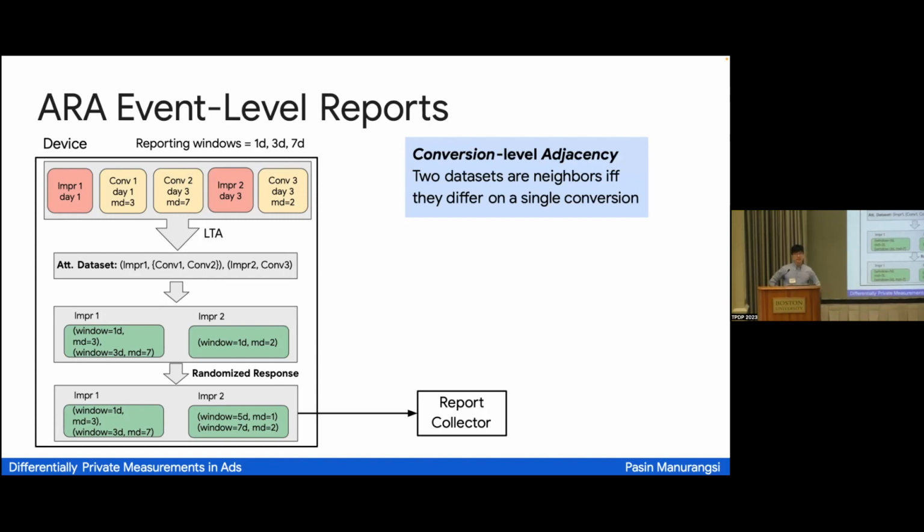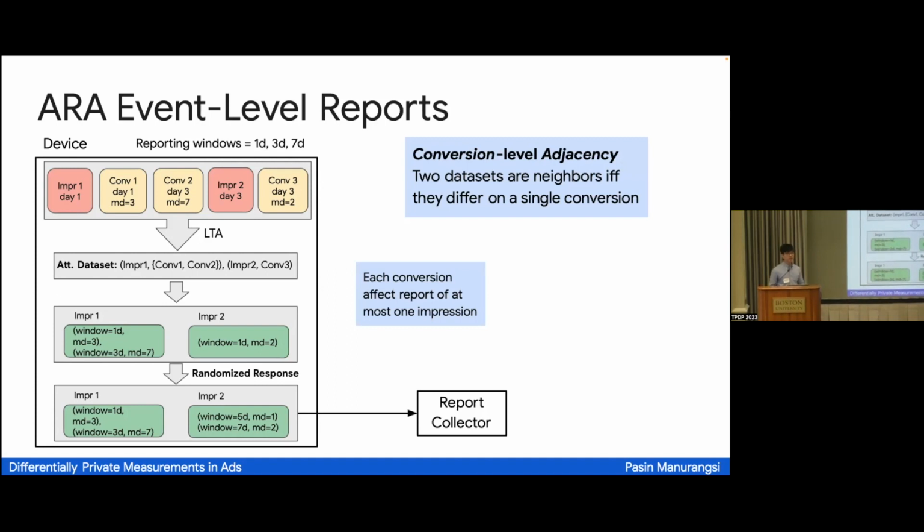We can start with a basic notion such as conversion level adjacency. I say that two data sets are neighbors if they differ on a single conversion. If you look at this in the event level report, it turns out that this works out pretty well.